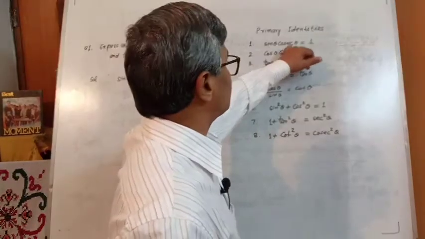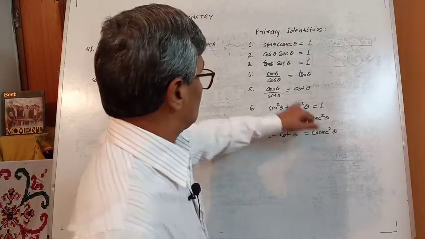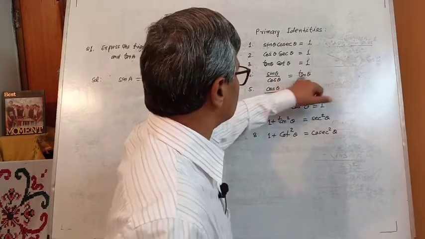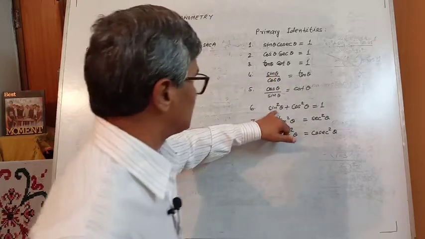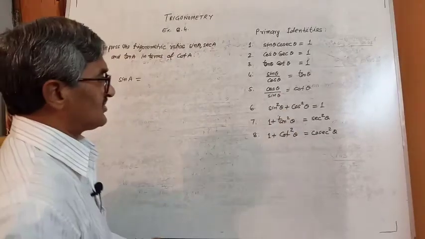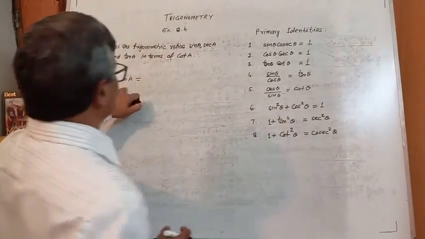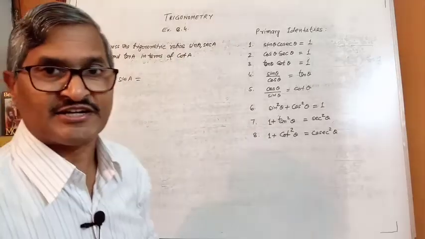Here sin A is related to cosec A, sin A is related to tan A, sin square theta is related to cos square theta. Sin A is not related to cot A directly.